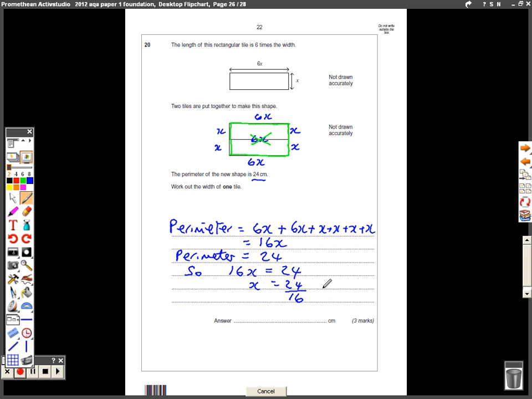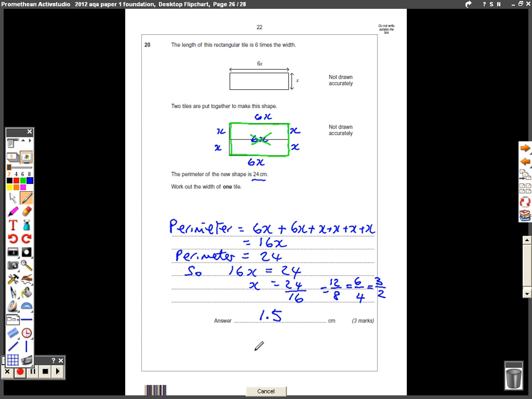And if I think of this as a fraction, what number goes into top and bottom? Well, 2 does, so that would give me 12 over 8. 2 does again, that would give me 6 over 4. And 2 does again, which would give me 3 over 2. And 3 divided by 2 is 1.5.